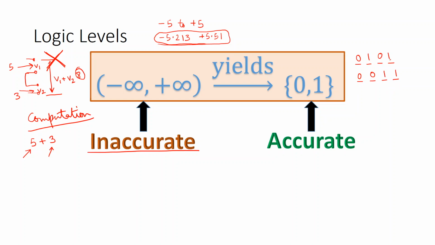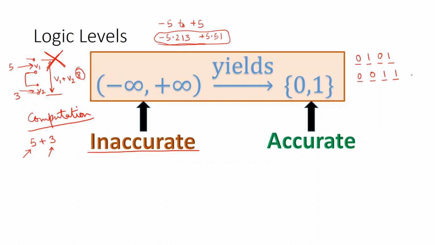So now we get these binary words, and then you can add them up by passing them through some circuitry which is able to perform the addition operation. However, let's not bother about that addition circuitry right away.